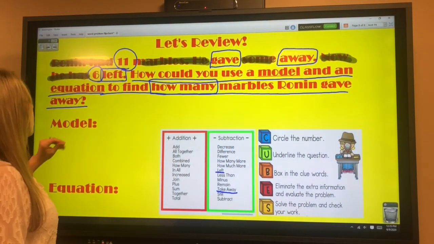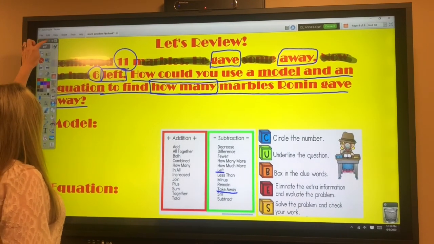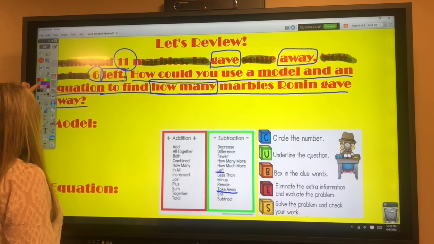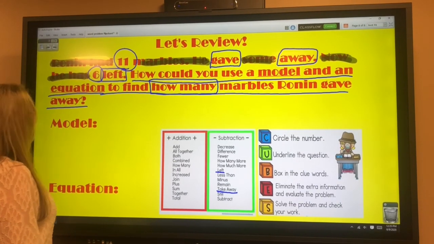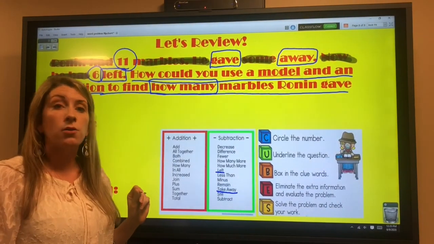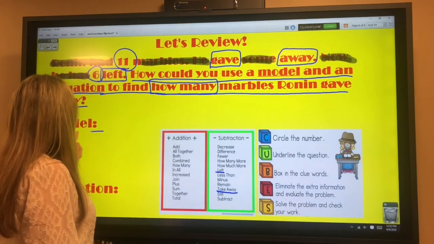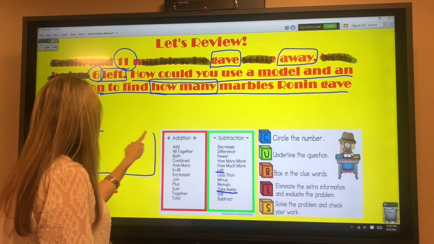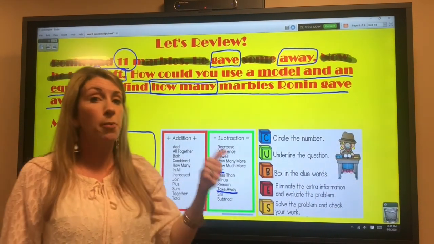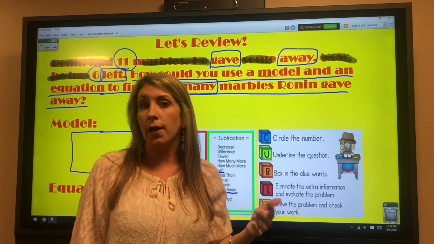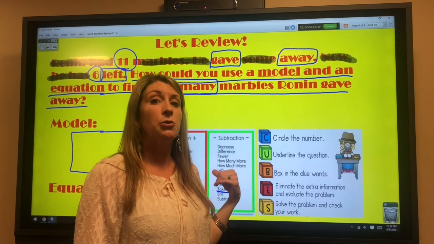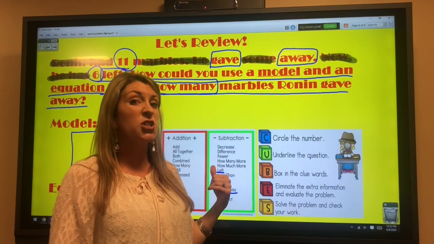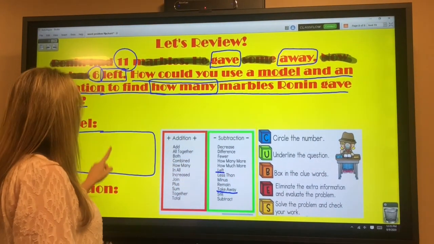The first thing I want to make sure I do is set up a model. Now the last time, Ms. Gowd set up a tape diagram as her model. This time I'm going to set up a bar model. Whichever one you did with your friend, whether you chose to do a bar model, a tape diagram, or a number bond, is fine. But if you'd like to do a bar model with me, be sure to add this on your paper.